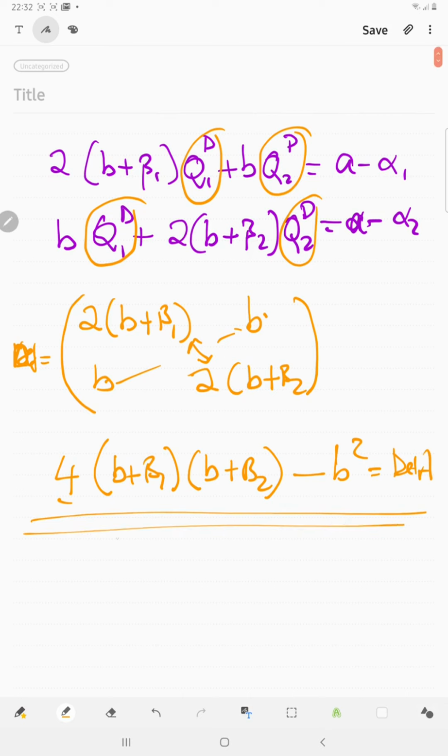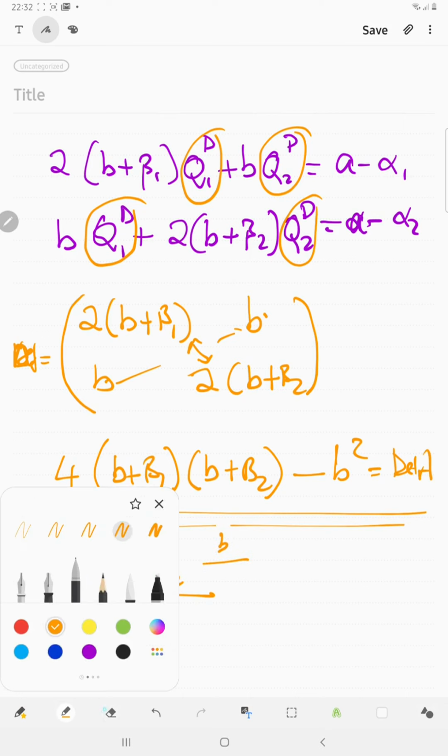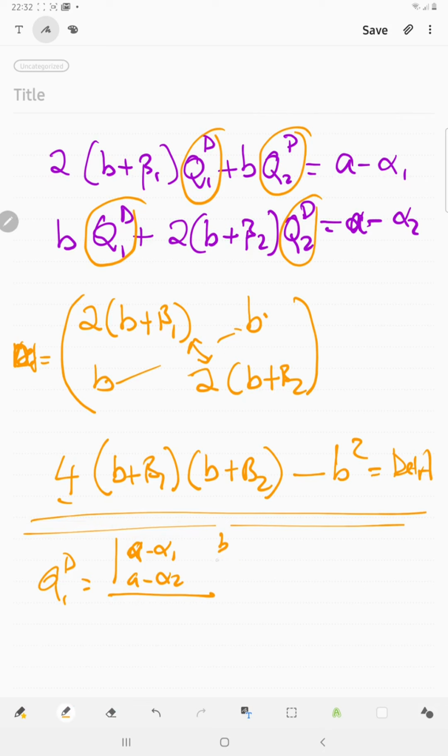In this case, what about q1? So q1 is going to be equal to the determinant of A minus alpha 1, A minus alpha 2, divided by, let me take this out, multiplied by D, like the way we did, D over 2(D + β2), over the determinant of your matrix, (D + β1), D, D, 2(D + β2), like that.